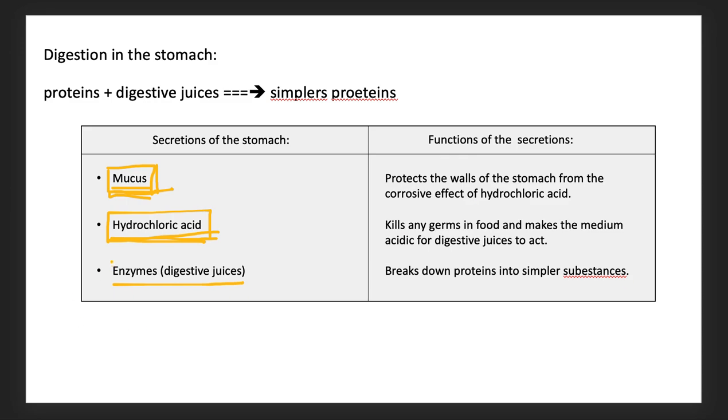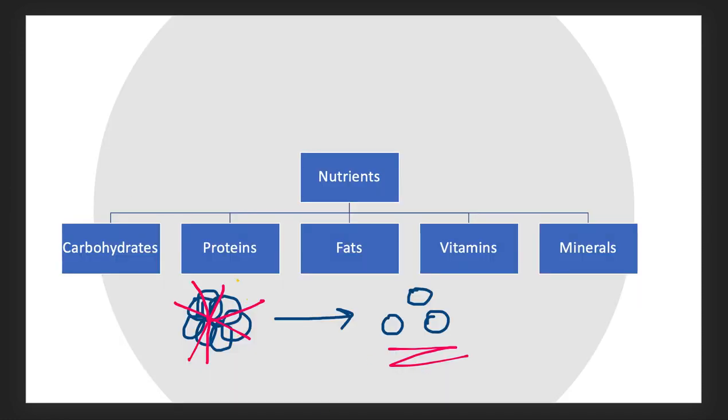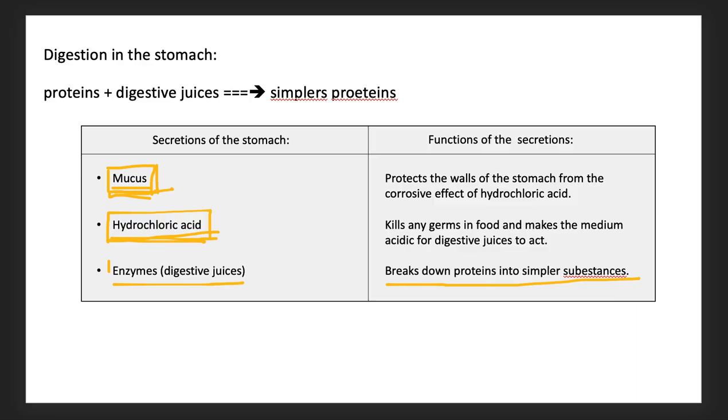And then we have other enzymes, which are also called the digestive juices. They break down the proteins into simpler substances. Let me take you back to a previous slide where I told you about nutrients being complex molecules. Similarly, we have proteins. Inside the stomach, the proteins will come in contact with the digestive juices, and they will become simpler proteins.